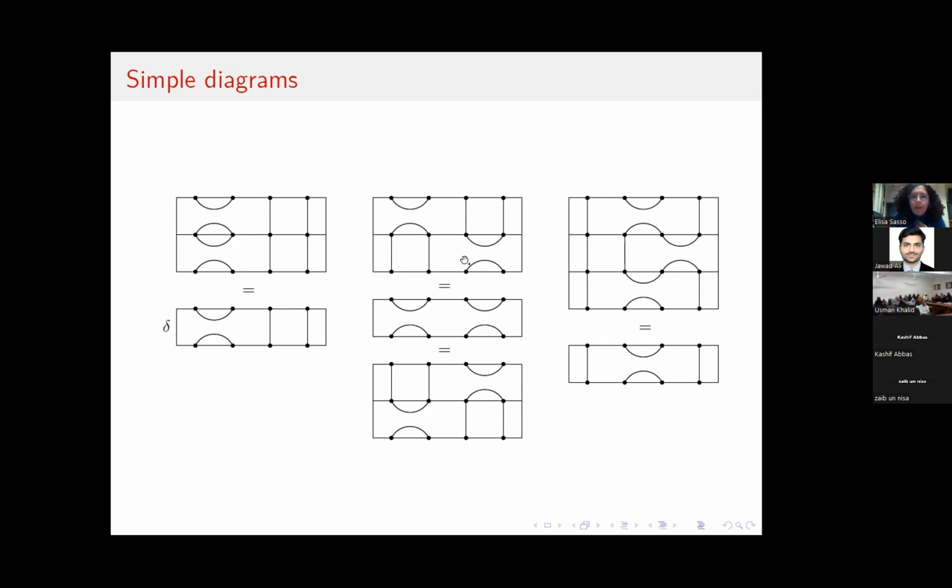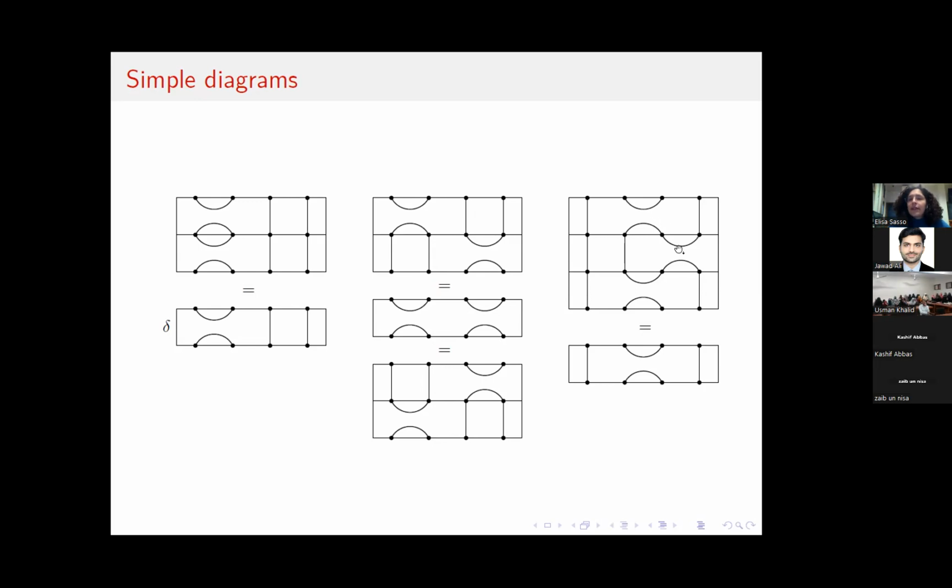Also, here we are multiplying two simple diagrams, in the example D1 and D3. The numbers are not consecutive. In fact, if we do this multiplication, we obtain this middle diagram, and we can obtain that also from multiplying these two diagrams, D3 and D1.